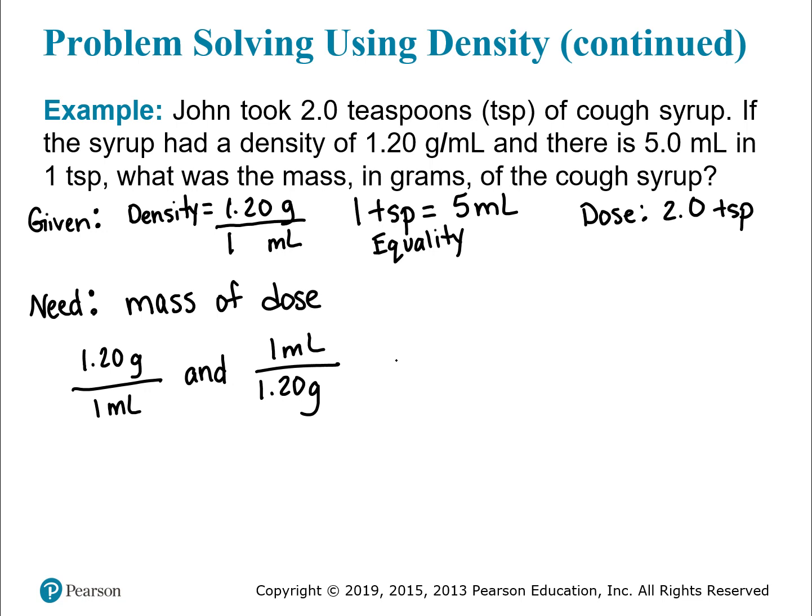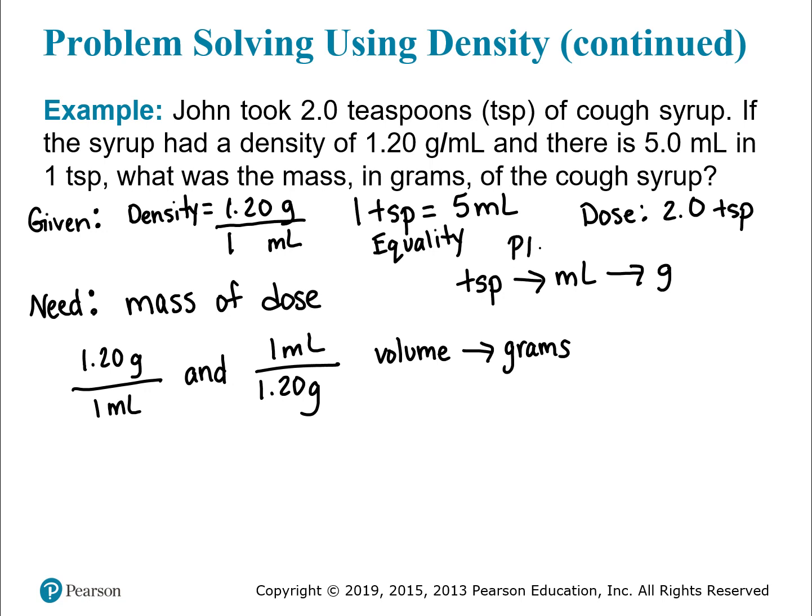So that's a way for us to go from volume to grams. That's what we're trying to do here. And overall, our plan is to go from the number of teaspoons to the number of milliliters and from there to the number of grams.